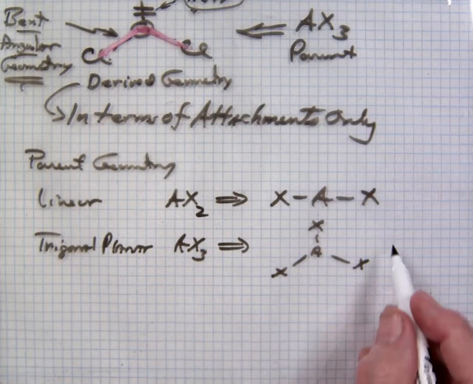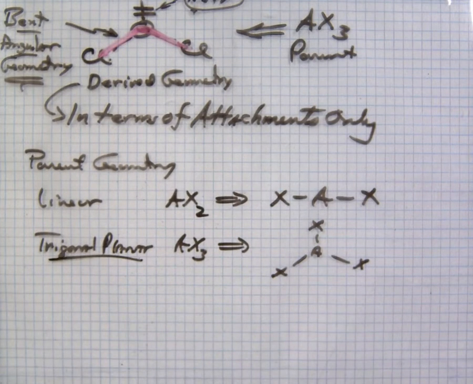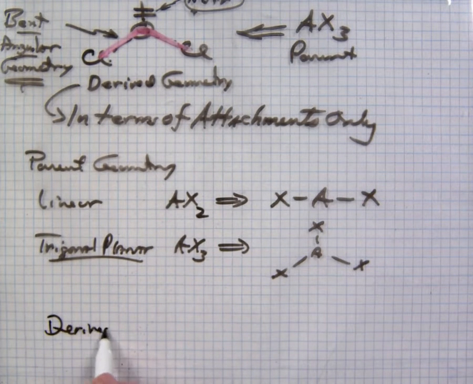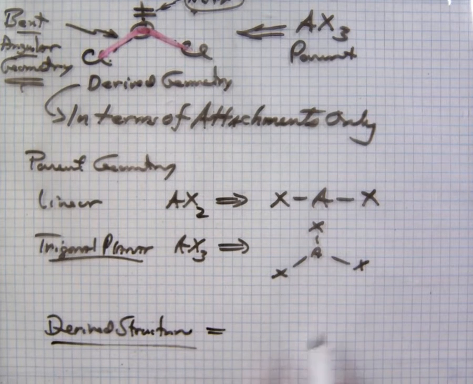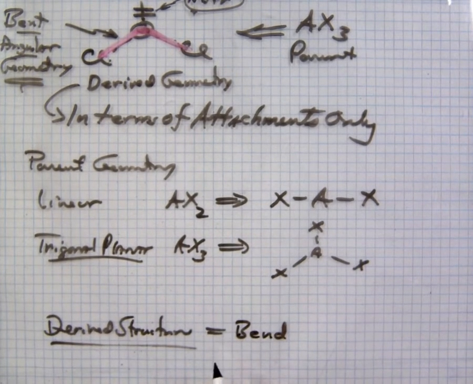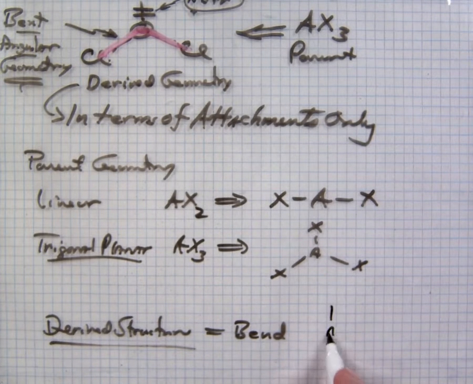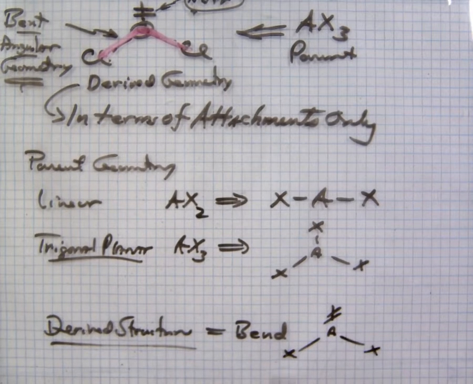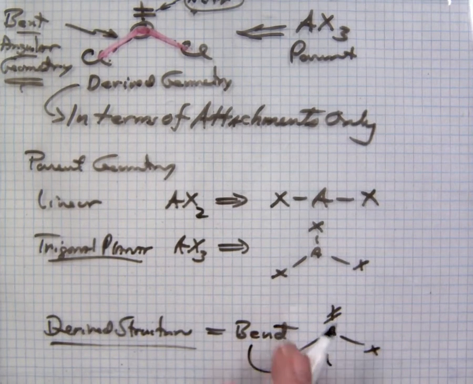The parent is trigonal planar, but the derived structure will be a bent. It's called bent angular. Some people call it bent angular, but we just call it bent. One of the bars in here is a non-bonded pair. That's bent, not bend, bent.